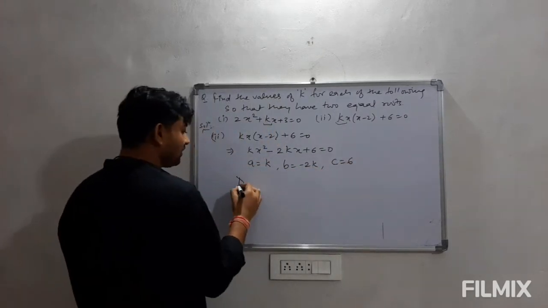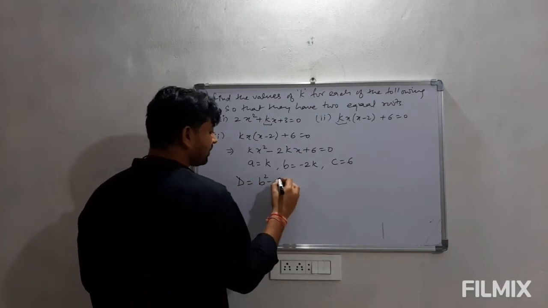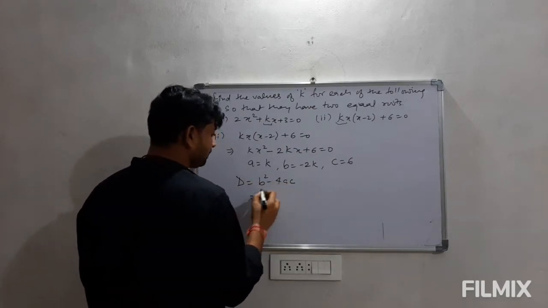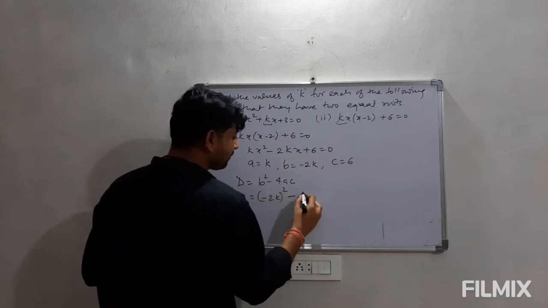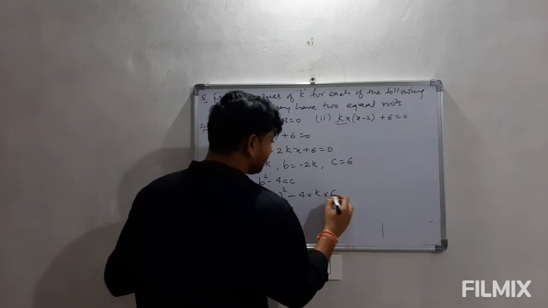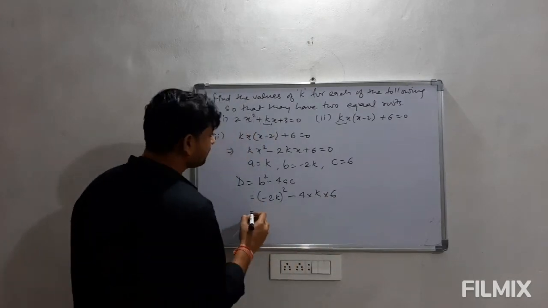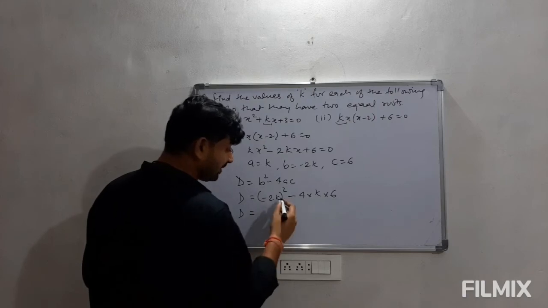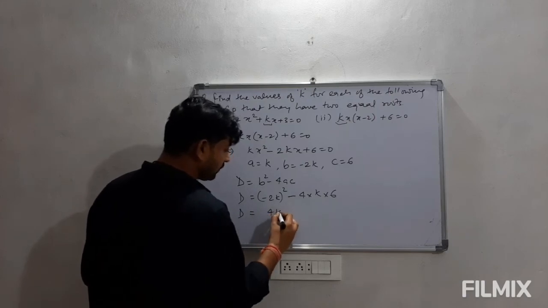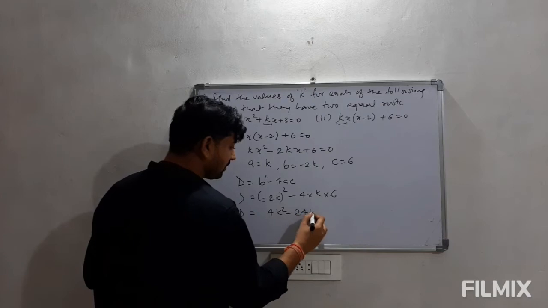Now let us calculate discriminant, that is b square minus 4ac. Now b is minus 2k whole square minus 4 into k into c is 6. Now look at this. What we are getting here is 4k square minus 24k.